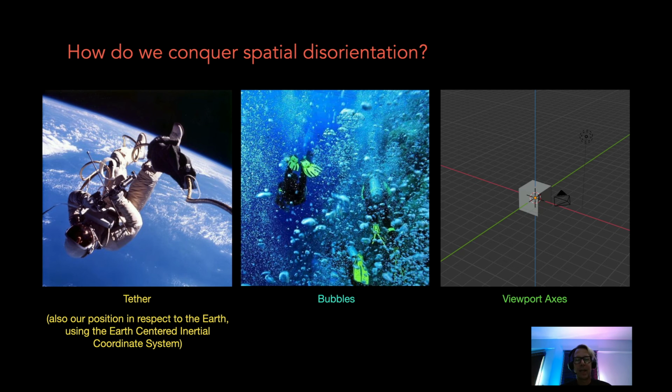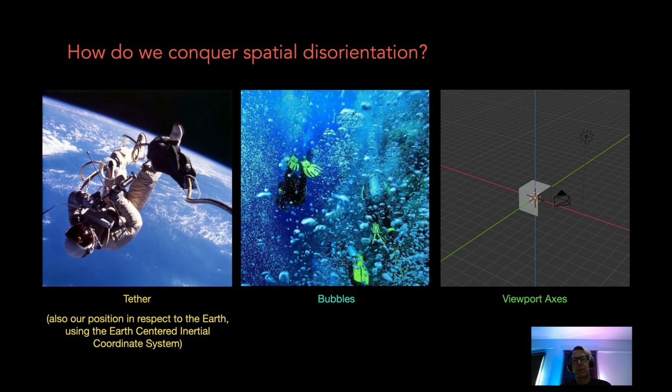If it is, then I'm upright. But if Africa, the continent, looks upside down, I'm upside down. Astronauts have a word for that. It's called the Earth-centered inertial coordinate system. It's a fancy set of words, but really it's about using the Earth as a reference point for yourself to understand if you're upside down or not.